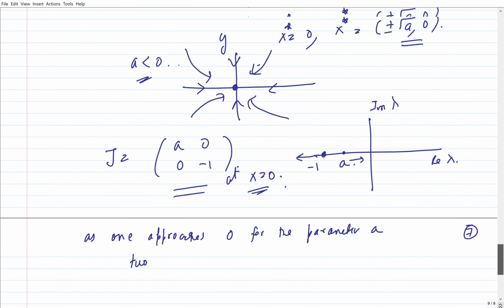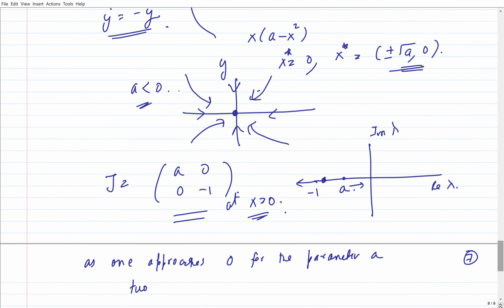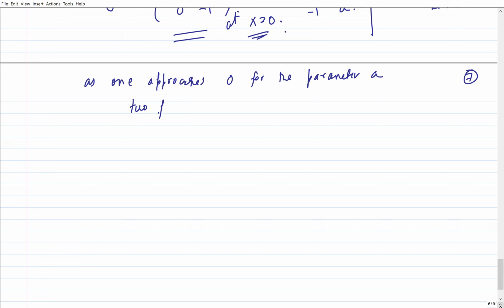Remember, because I get two fixed points, these are no longer going to be imaginary. So two fixed points are about to be born.